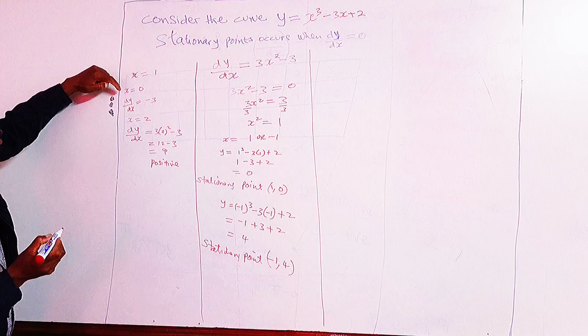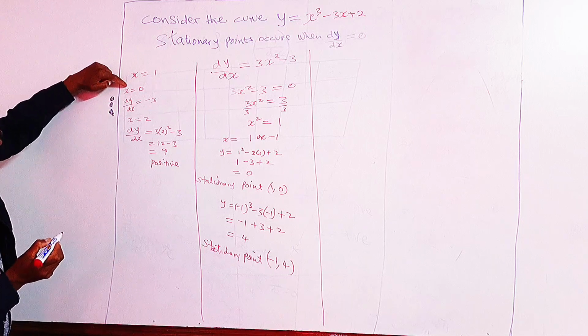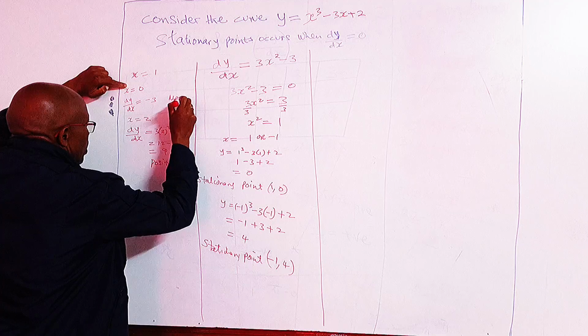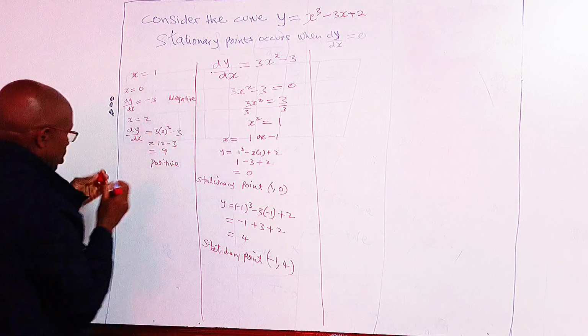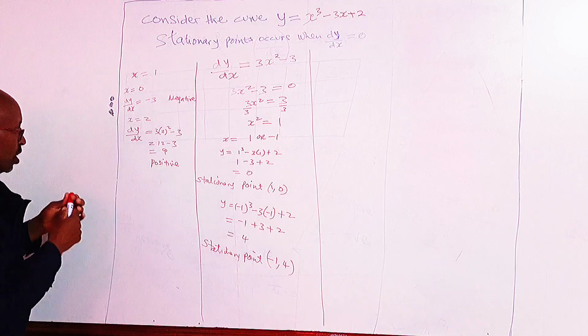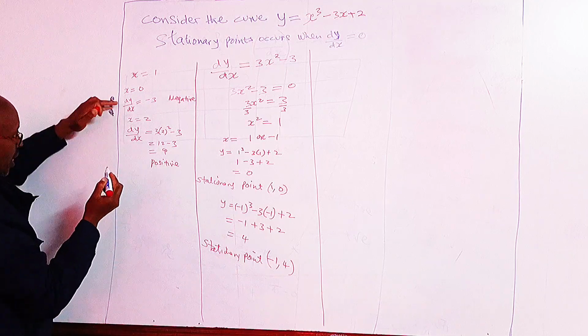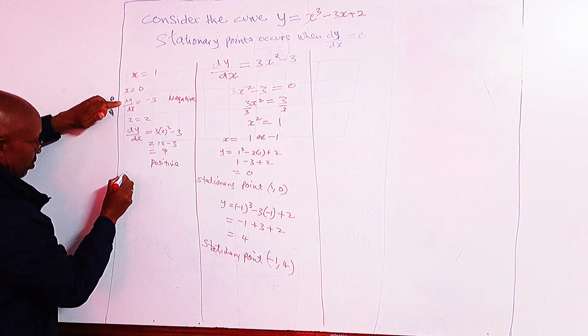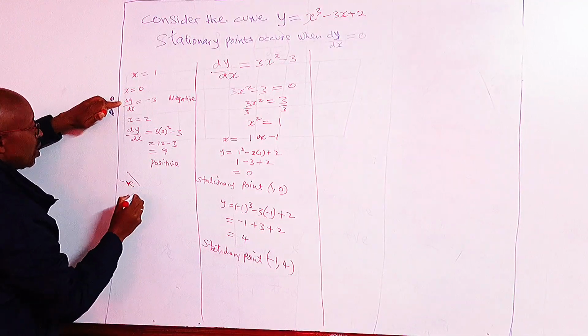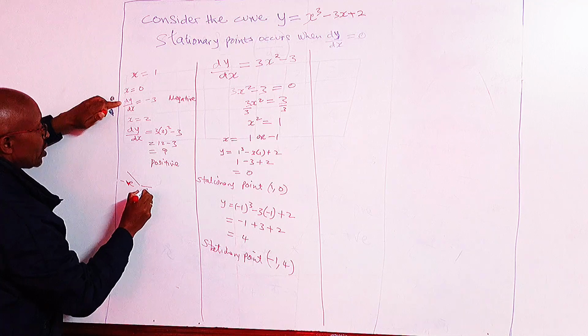When dy/dx is negative 3, our value of x is 0, so this is negative. So before, our dy/dx is negative. Then we have our 0.